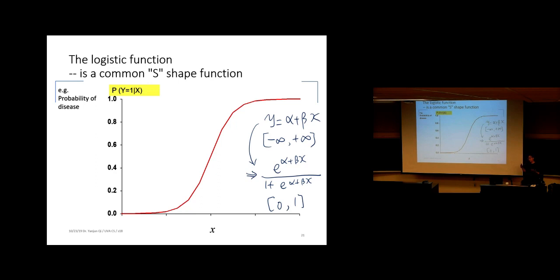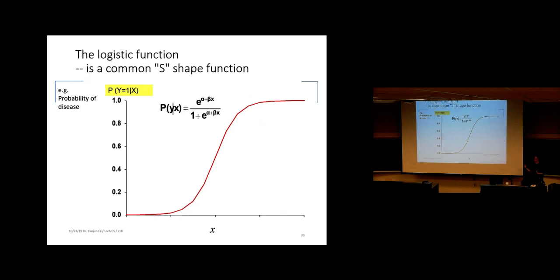If alpha plus beta x gives you values from minus infinity to positive infinity, this function guarantees the output is bounded inside 0 and 1. So there are two different views: either it's squashing the output into 0 to 1, or it's parameterizing P hat using x. Questions about this? The squashing view, or the probability-parameterized Bernoulli distribution view.